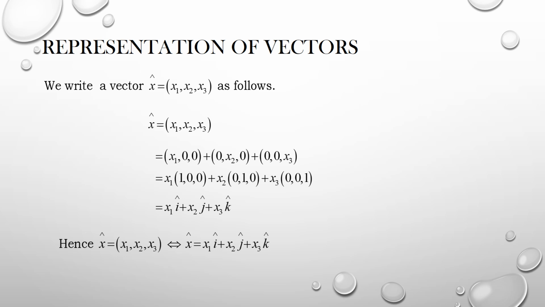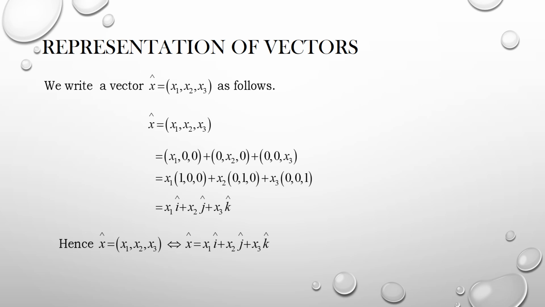We can write the same vector as the sum of three vectors. Namely, (x1, 0, 0) plus (0, x2, 0) plus (0, 0, x3). This can be written as x1 times (1, 0, 0) plus x2 times (0, 1, 0) plus x3 times (0, 0, 1).